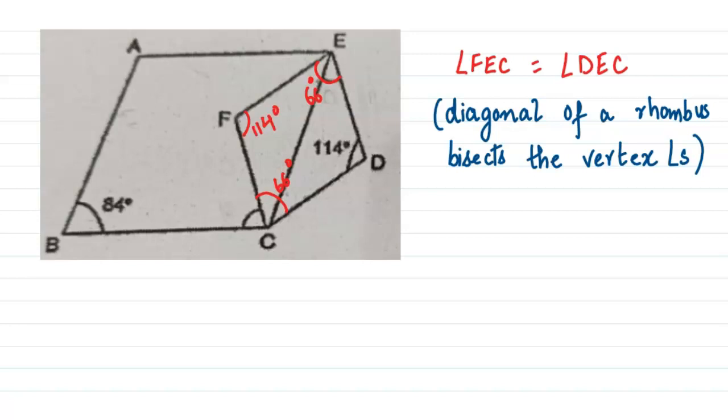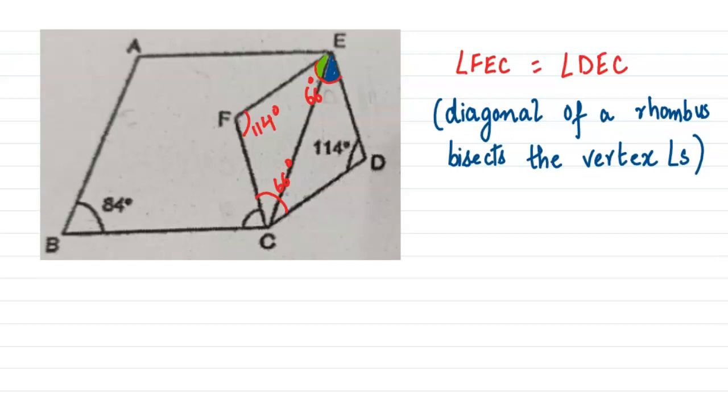These are these two angles, this one and this one. So they both are equal. Why? Because EC is the diagonal which is cutting the vertex angle E into two equal parts. So this is a property of a rhombus, that in a rhombus the diagonal bisects the vertex angles.